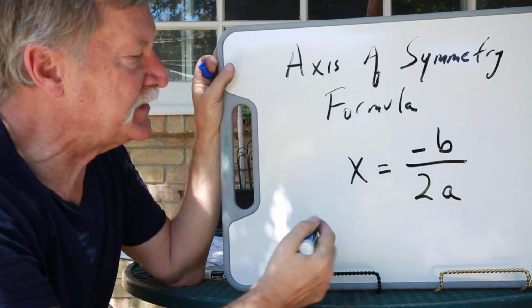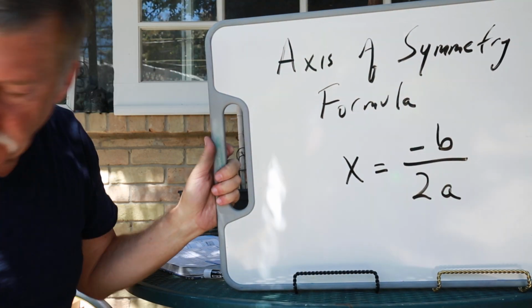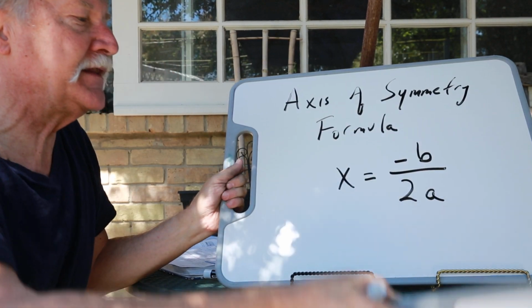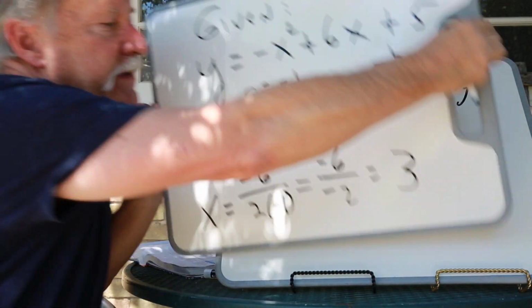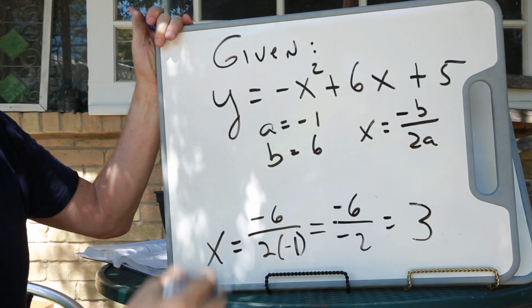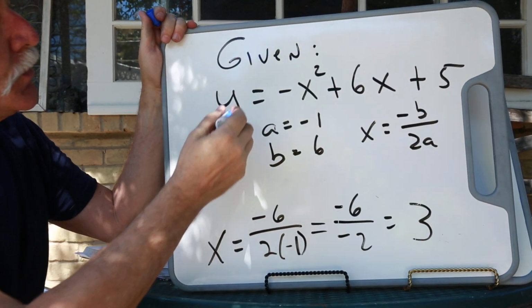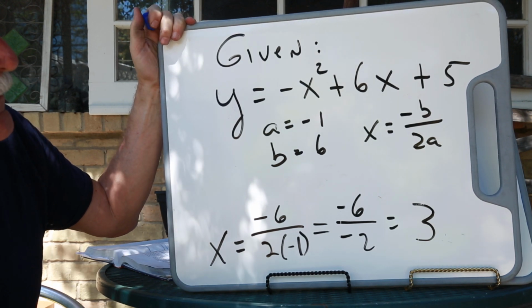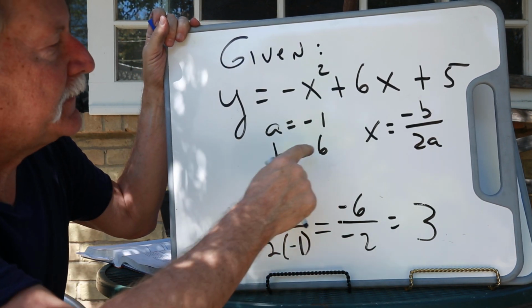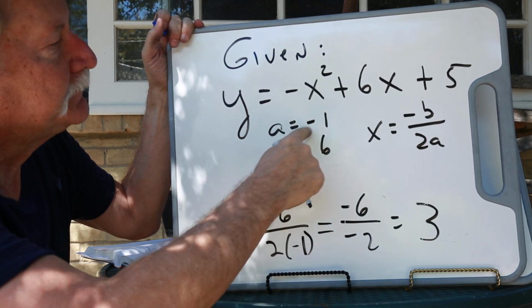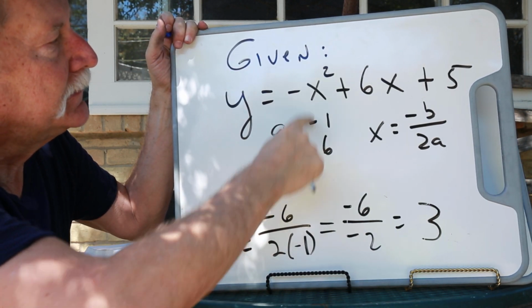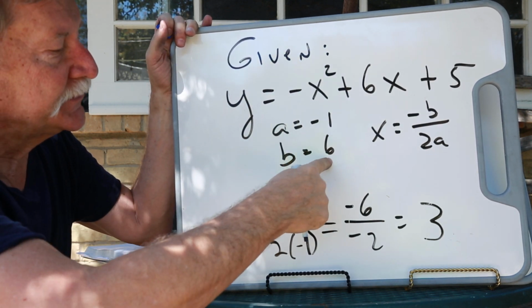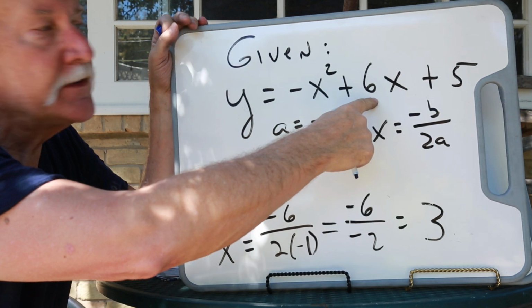So if you have an equation and you're asked to find the axis of symmetry from an equation instead of a graph, for example, you're given y equals minus x squared plus 6x plus 5. We see that a is equal to minus 1, the number in front of the squared term. b is equal to 6, the number in front of the linear term.